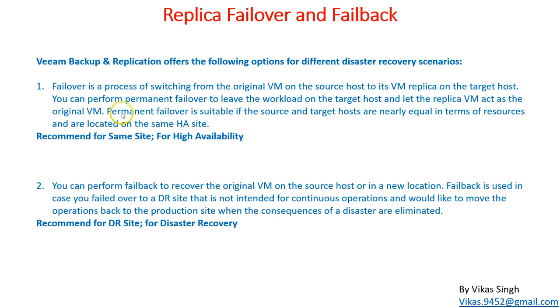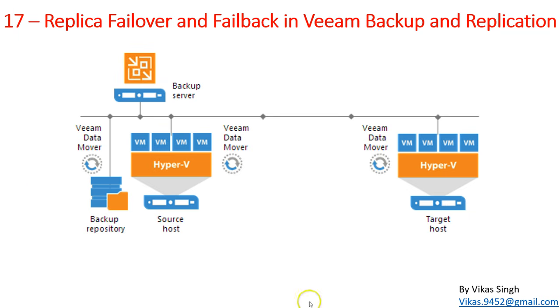Permanent failover is suitable if the resources of the source and target host are nearly equal and are located in the same site or same HA. So this is recommended for the same site or for high availability. You can do the failover to move your virtual machines from your primary host or source host to the target host.